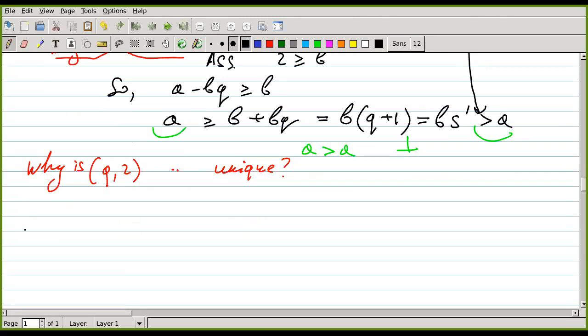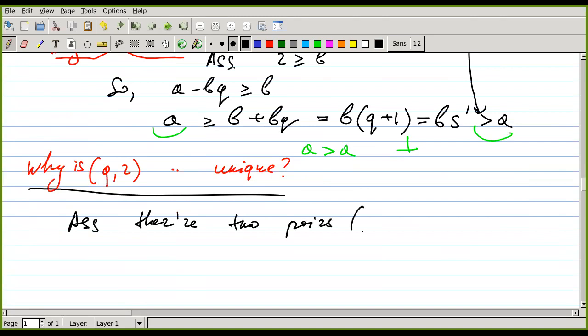Let's prove it. Assume that there are two pairs Q, R and Q prime, R prime such that both are suitable.